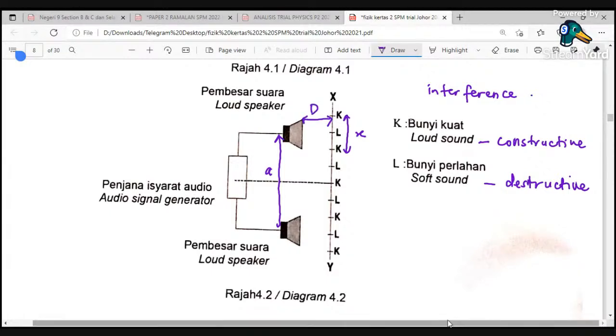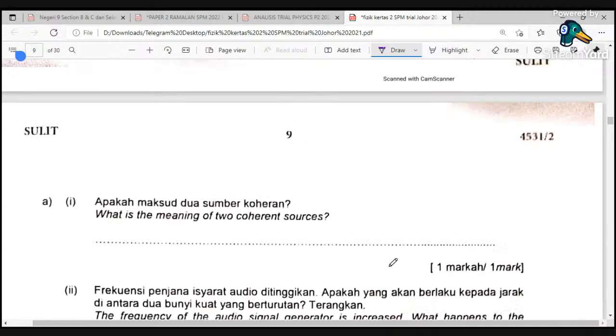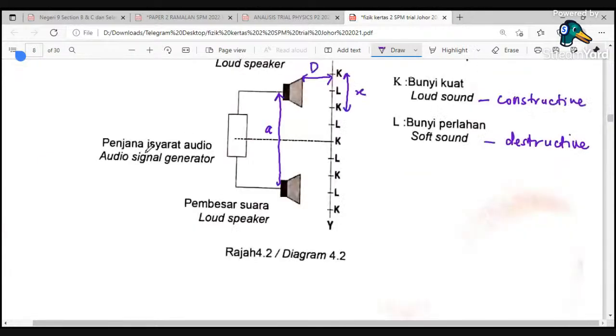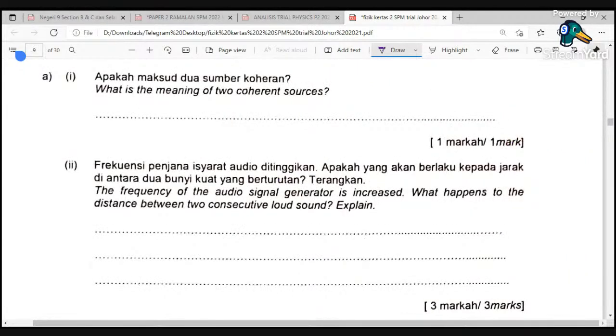Distance between this, wavelength is lambda, meaning of two coherent sources. The two loudspeakers connected to the same audio signal generator, so they are coherent sources. Dia adalah coherent lah. It means they will produce wave with same frequency, okay, and same or constant phase difference.